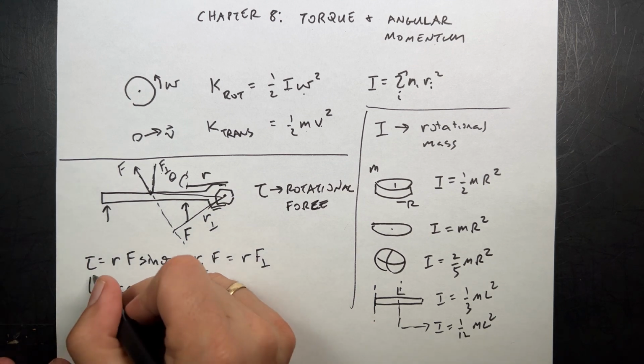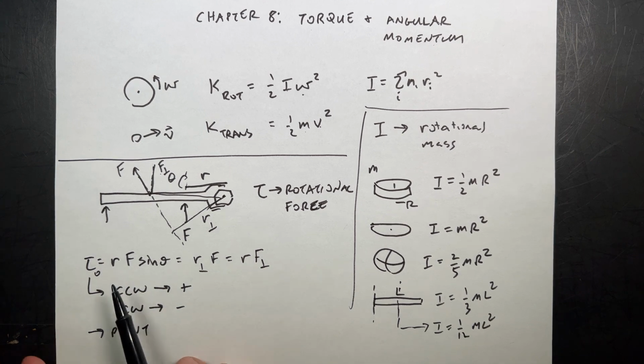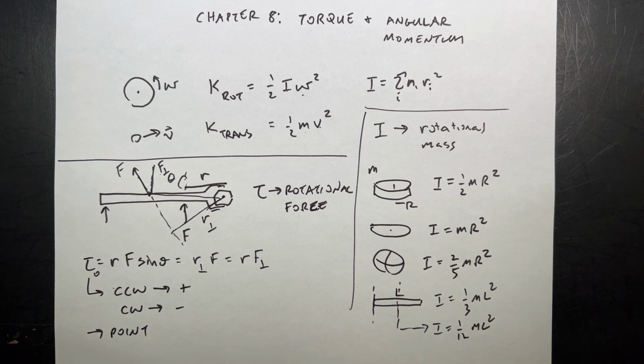So we do need to say the point of reference. They don't do that in the book, but I'm just letting you know, you do need to say what point you're referencing, especially if it's not rotating. If it is a rotating thing, then that point makes more sense. It's tough. This is tough, trust me. So this is in meters, that's in Newtons, so torque is in Newton meters. Now, a Newton meter is also the same units as a joule, but this is just torque, Newton meters.